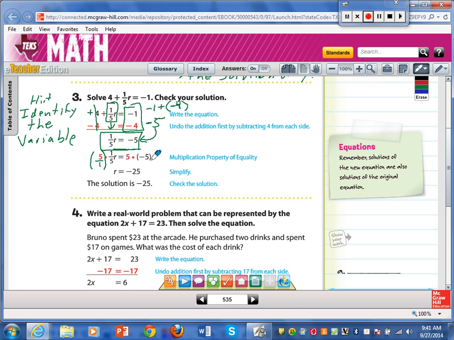Now here is minus 1, so you put this over 1. This whole thing in parentheses like this. Right? That way you'll know that you're doing the same thing to both sides. Now if you remember, this 5 cancels this 5. This 1 cancels this 1. We got 1 times 1, 1 times 1, and then we end up with 1 over 1, which is just 1. So the whole thing disappears, and you end up with 1r.